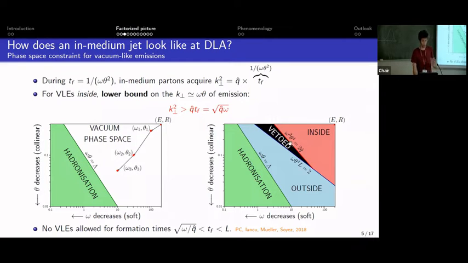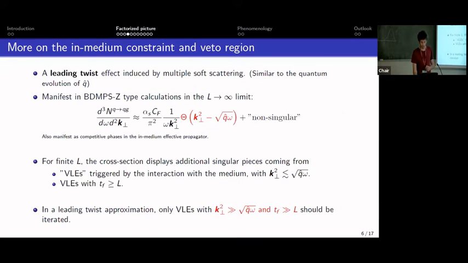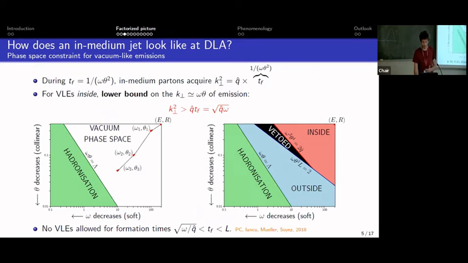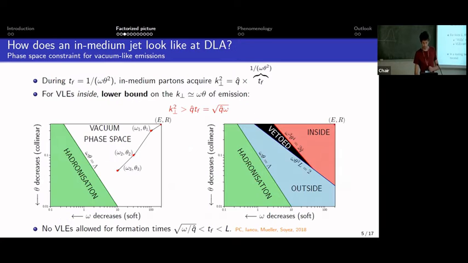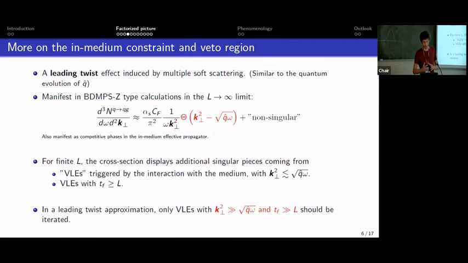This is an intriguing feature of this qualitative statement, but actually one can try to understand more mathematically where it comes from. First, I would like to emphasize that this constraint, the red line, which bounds the vacuum-like emission inside the medium, is a leading twist effect in the evolution.